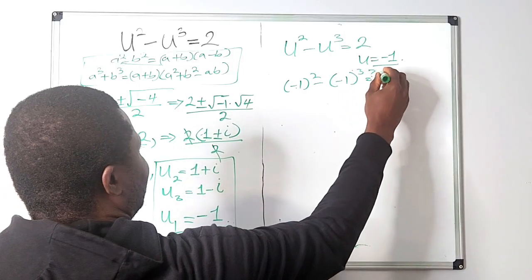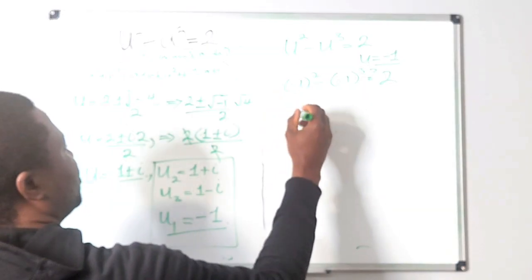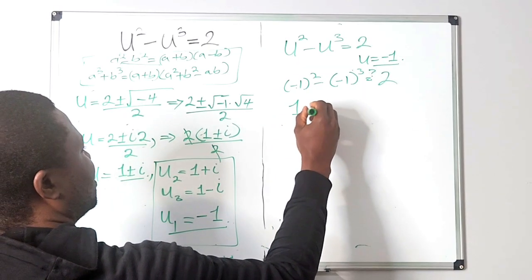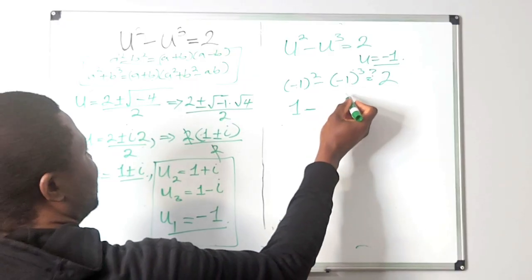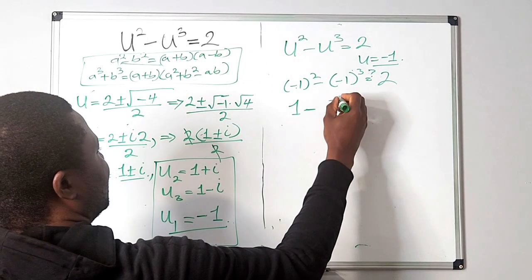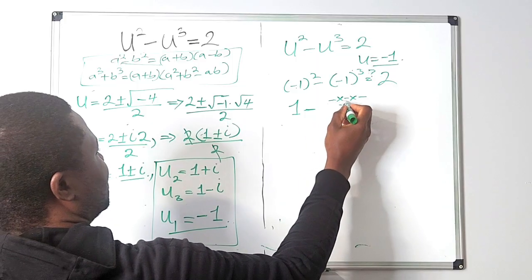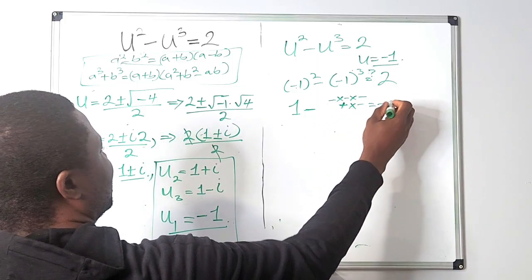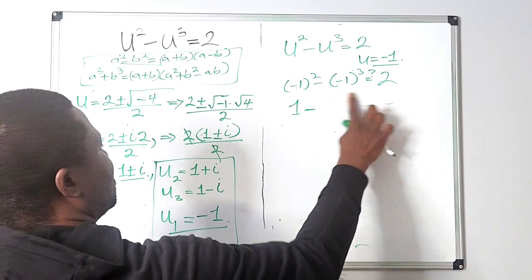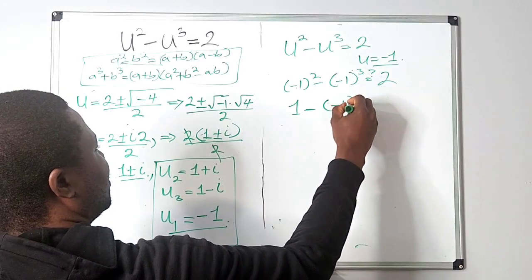We're trying to find out if that's equal to 2. Minus 1 squared is 1. Minus 1 raised to power 3: minus times minus is plus, plus times minus will give us minus. So this becomes minus 1.